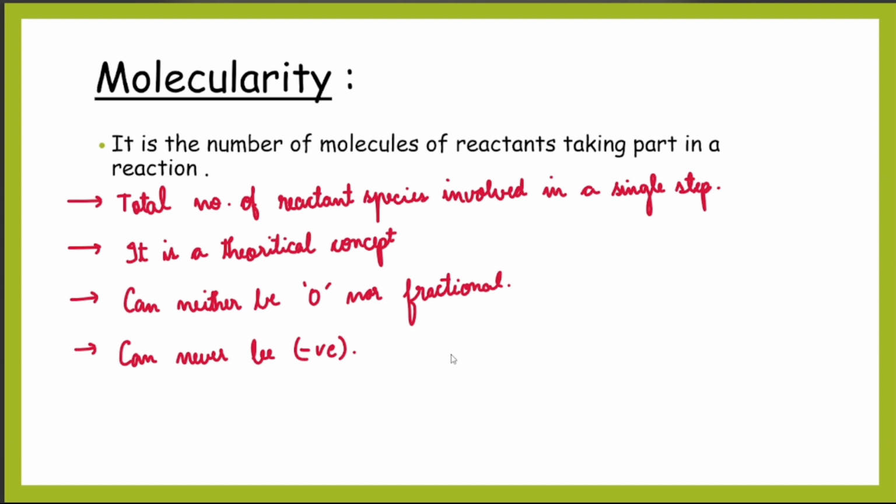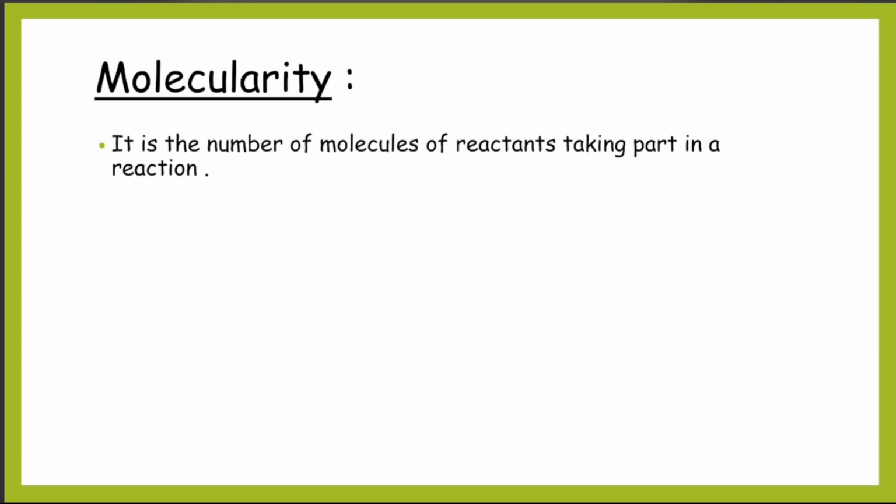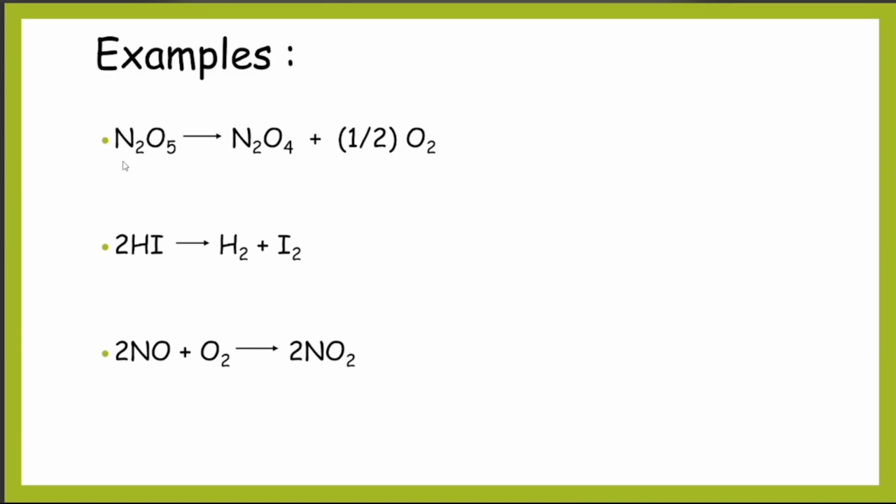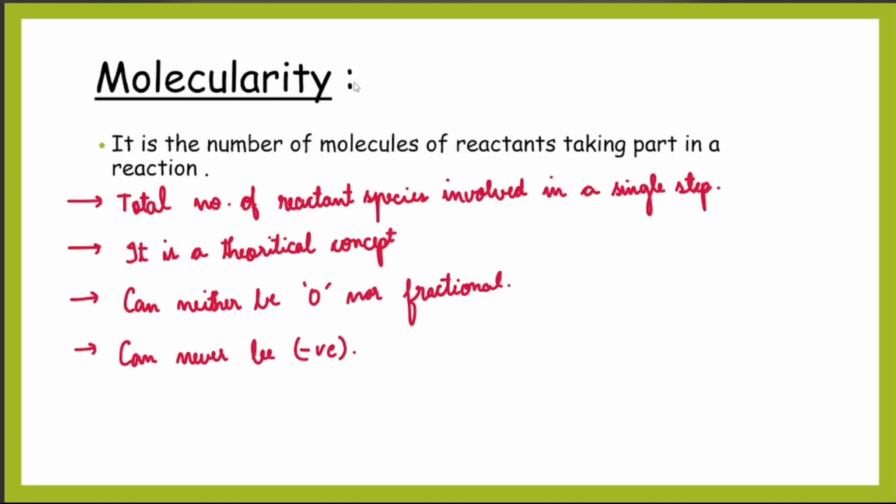Okay, let's take some examples to understand this better. So in the first equation we have dissociation of nitrogen pentoxide, that is N2O5 gives N2O4 plus half O2. According to the molecularity concept, molecularity is the value of the reactant species only.